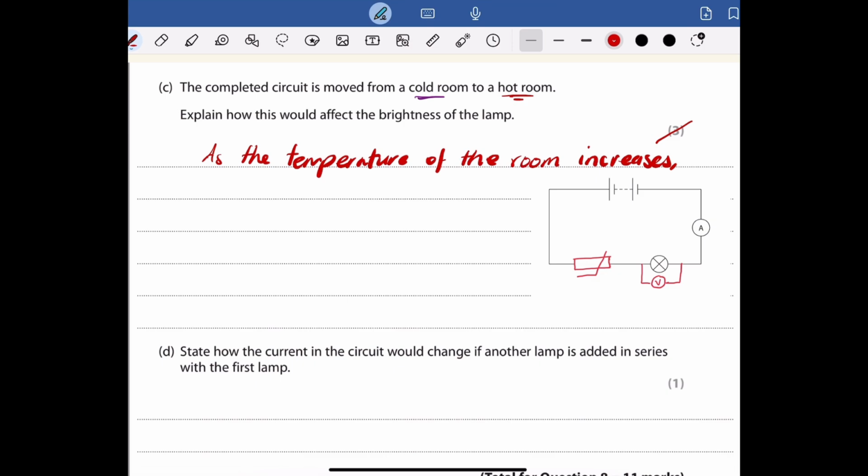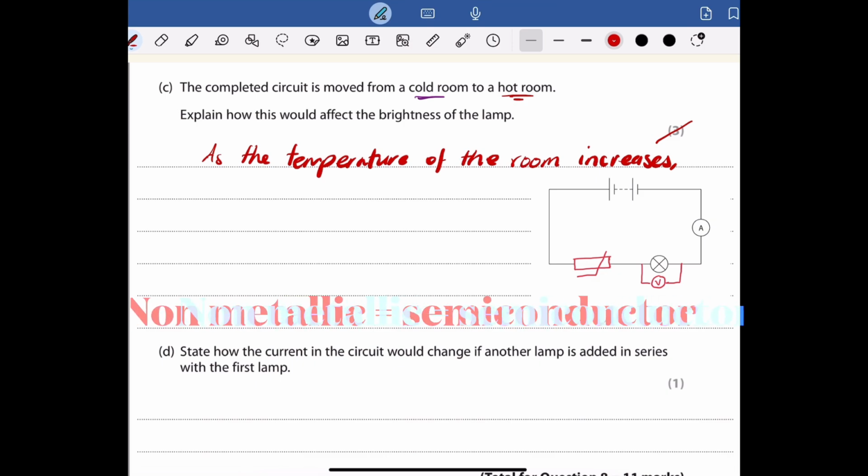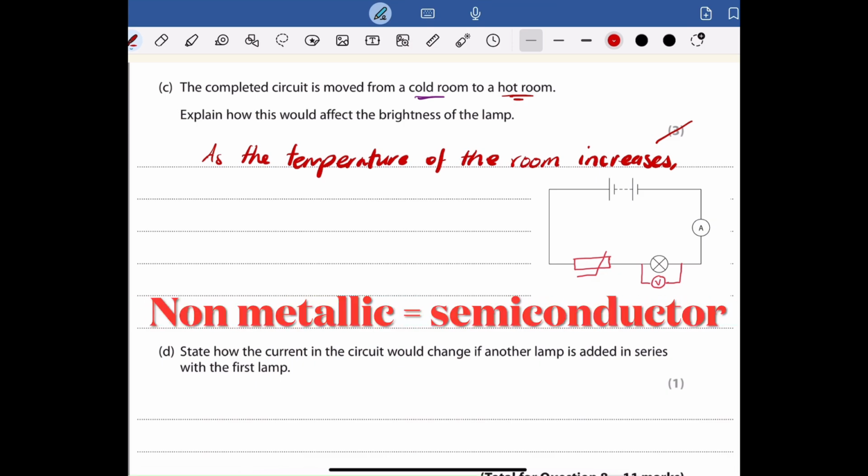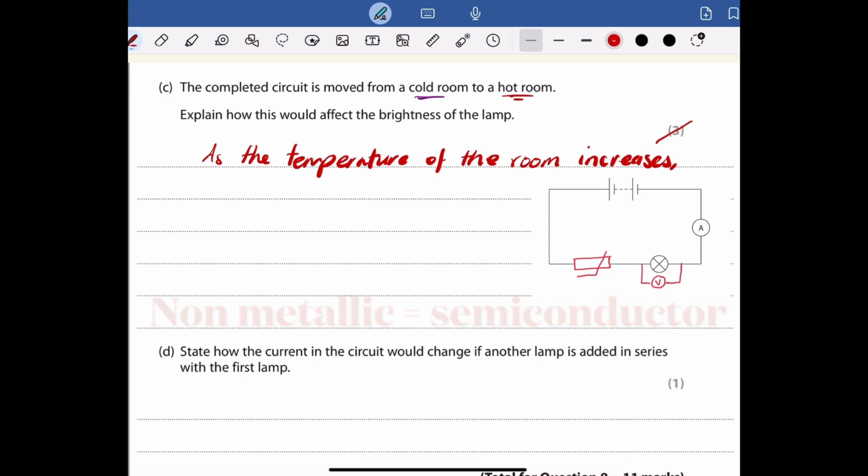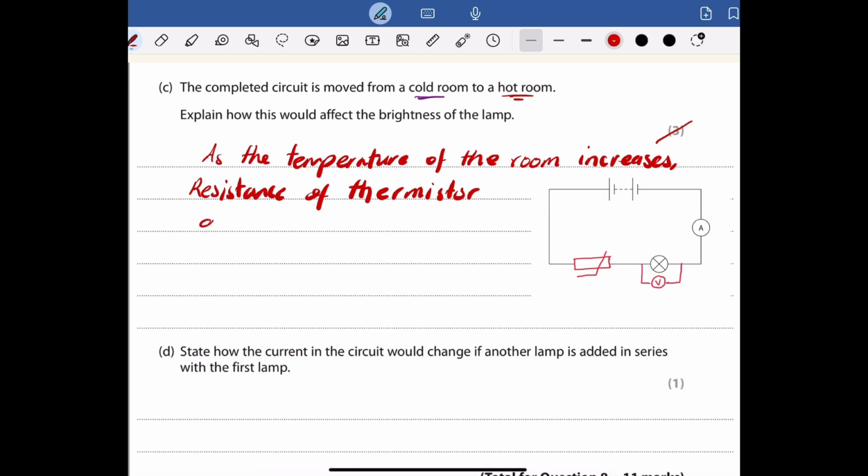Because thermistor is a non-metallic material and doesn't obey Ohm's law, there is a kind of change in the IV characteristics. So as a result, the resistance of the thermistor is going to be quite different. So the resistance of the thermistor decreases.